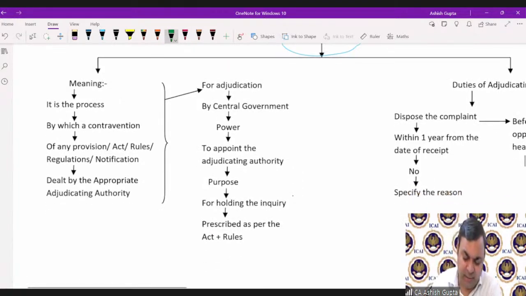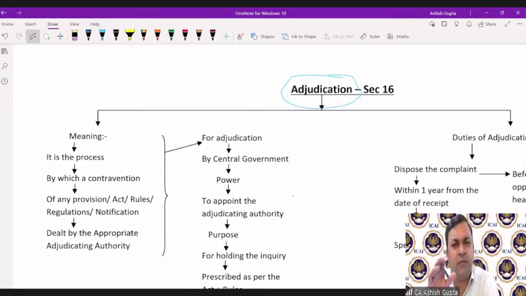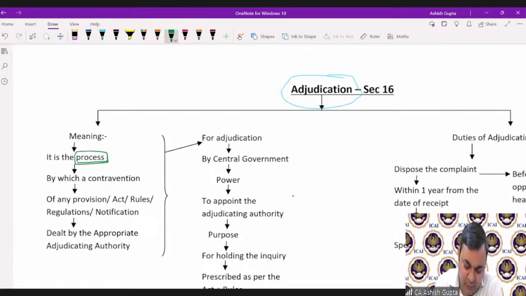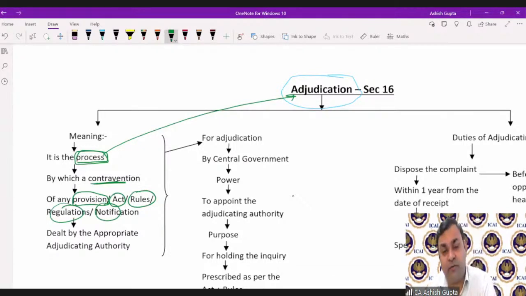Adjudication part. Now, what is the meaning of adjudication? Adjudication means somebody has committed a contravention and you are going to check that contravention. It is a process by which a contravention of any provision, any act, any rules, any regulation, or any notification is dealt with by the appropriate adjudicating authority.